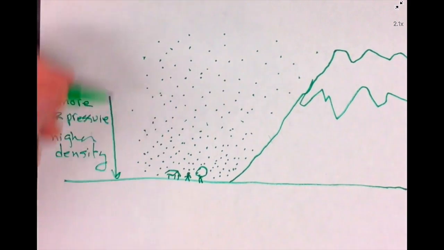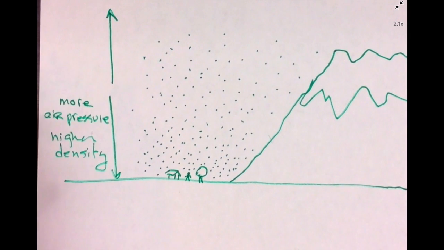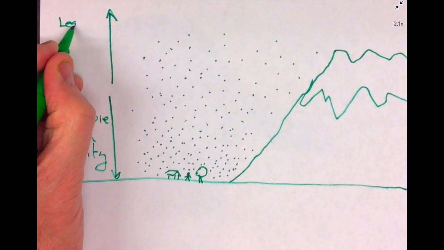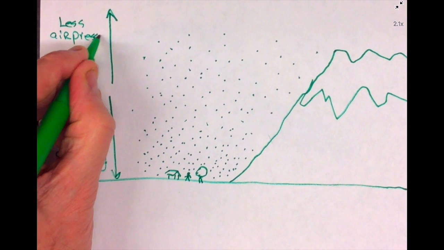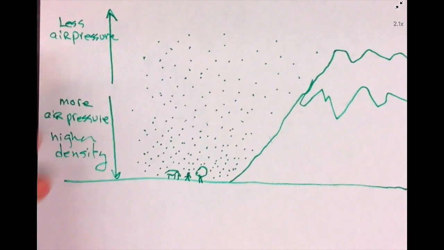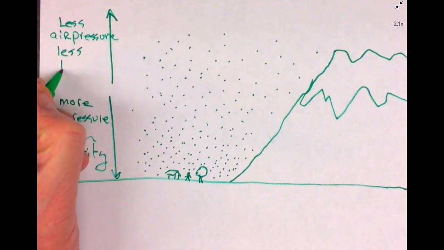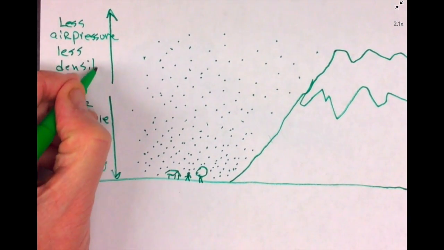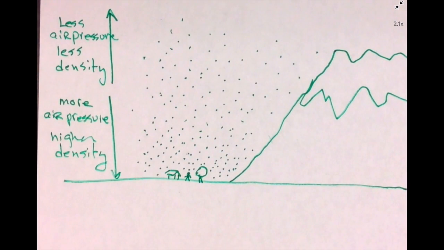Okay? And as you go up, it's going to be the opposite. You're going to have less air pressure. And then you're going to have less density. Density, of course, would be how many molecules you have in a given amount of space, right?